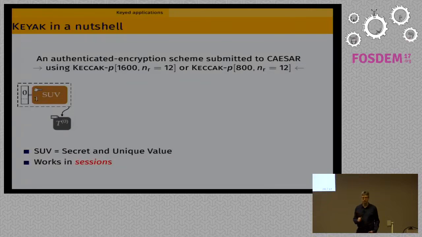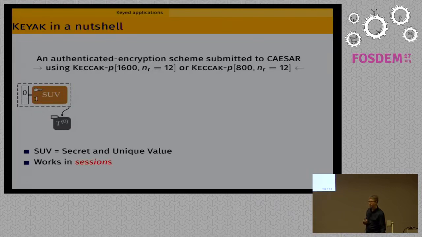It uses the Keccak-p permutation, reduced to 12 rounds, like KangarooTwelve. It works in sessions, so it really extends what I said in the previous slide: the idea is to encrypt and authenticate the full session.